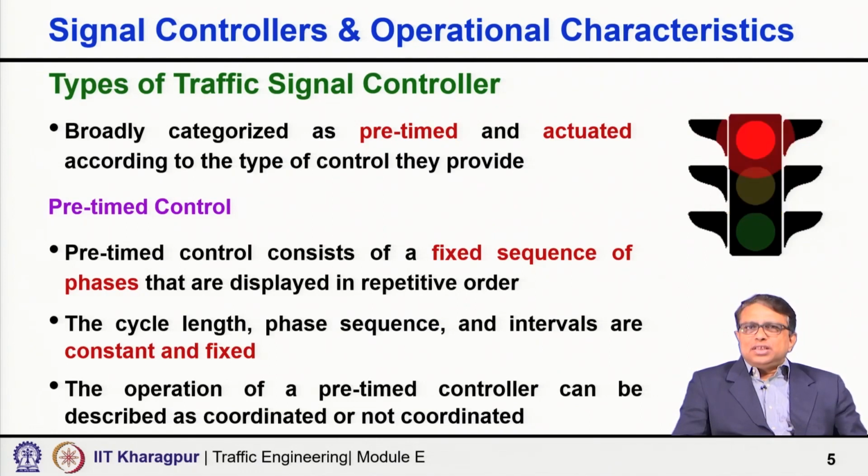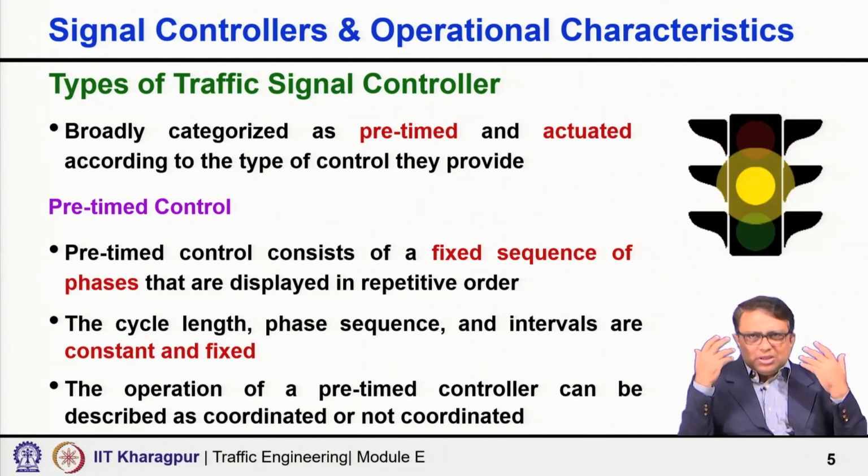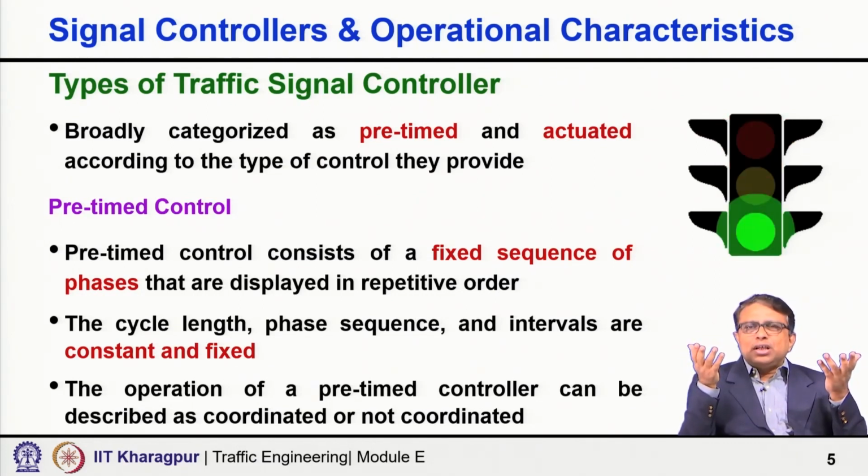Pre-timed control consists of a fixed sequence of phases that are displayed in repetitive order. That means, suppose we go to the field, let us talk about an urban intersection.